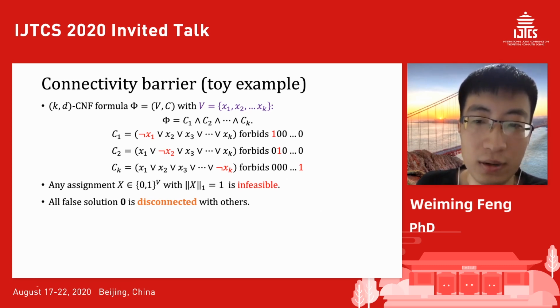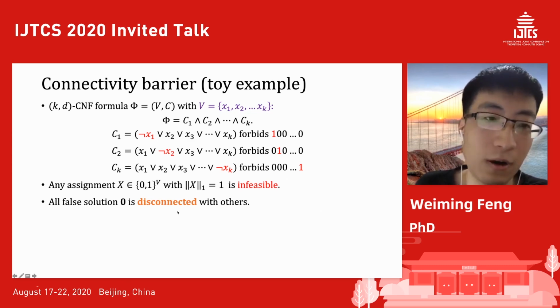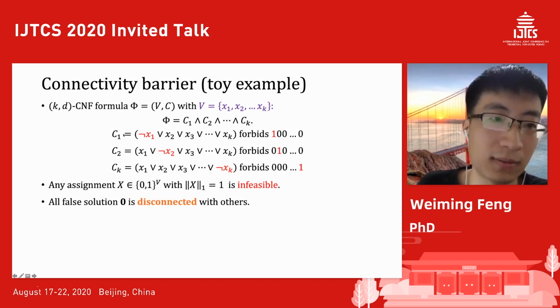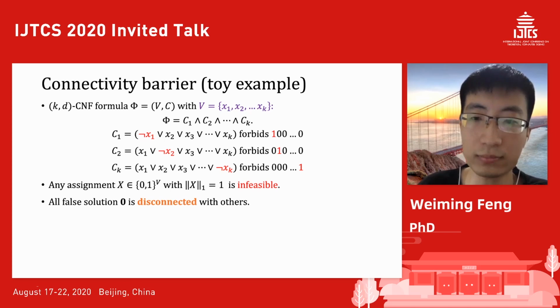So in general, if only one variable takes the value true and the other variables take the value false, this assignment is not a satisfying assignment. But on the other hand, if all the variables take the value false, then we will have a satisfying assignment because c1, c2 to ck will all be satisfied by the all-false solution.